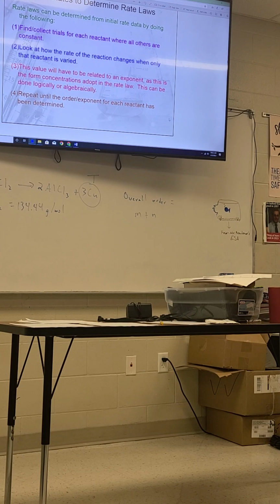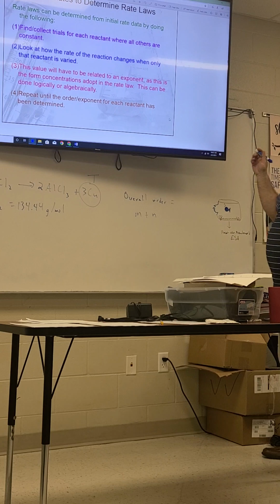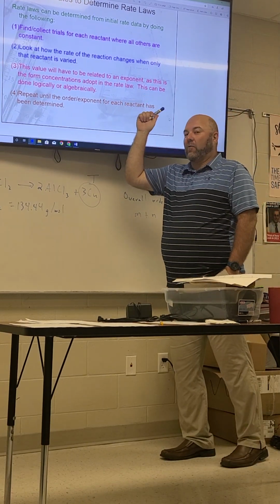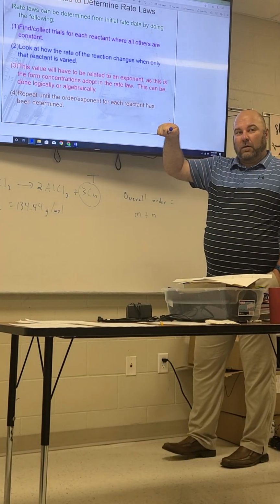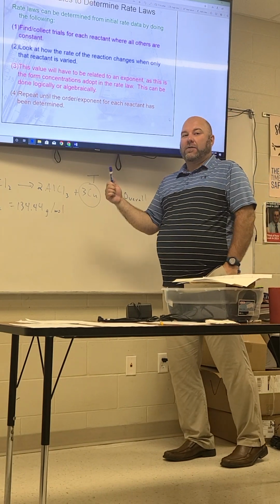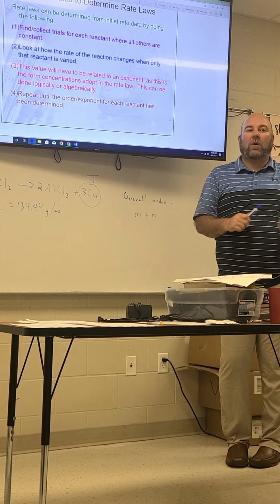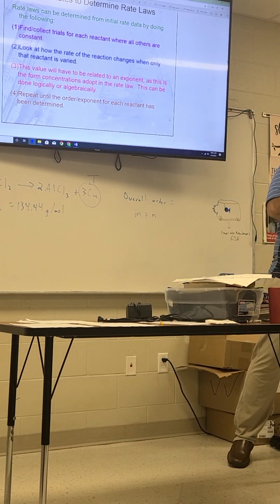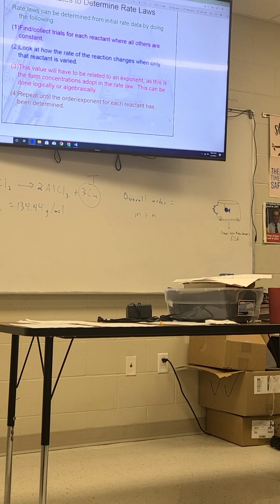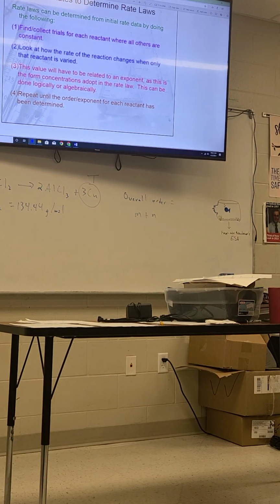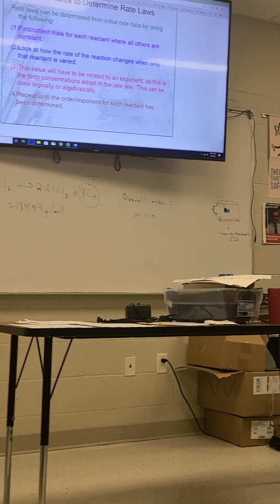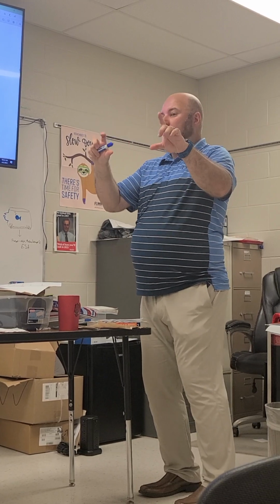So we're going to find which trials are constant, and look at the rates versus the concentration changes. What we're going to do initially is get rid of one of the reactants. If they're the same concentration, we're going to get rid of those. Then we're going to see how the ratio of the rates compares with the ratio of the concentrations, which is the last thing we did on Friday.